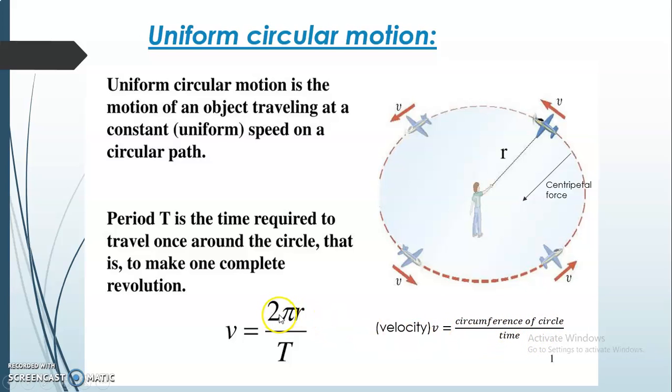So we can write the circumference of the circle is always 2 pi r and the time period is t. So in this case, the velocity is given by 2 pi r divided by t. Okay, so this was it for uniform circular motion.